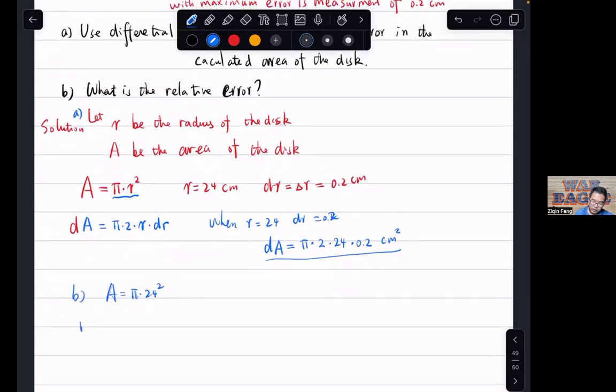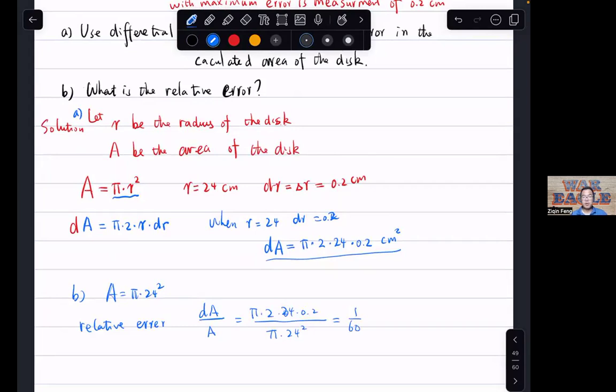So the relative error is basically dA over A. So this is pi times 2 times 24 times 0.2 over pi times 24 squared. Evaluating this relative error, it will be 1 over 16.